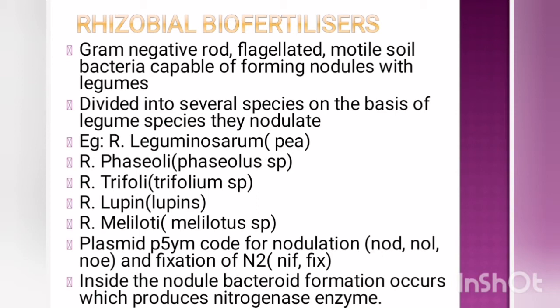This nitrogenase enzyme helps in the nitrogen fixation. Nitrogenase enzyme is sensitive to oxygen. So, it is protected from the oxygen by leghemoglobin. Leghemoglobin is a pink pigment, and this pigment can bind to the oxygen produced by the legume and present in the nodules.